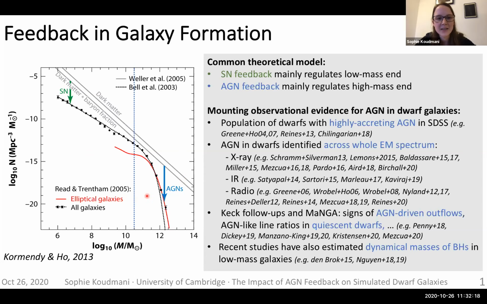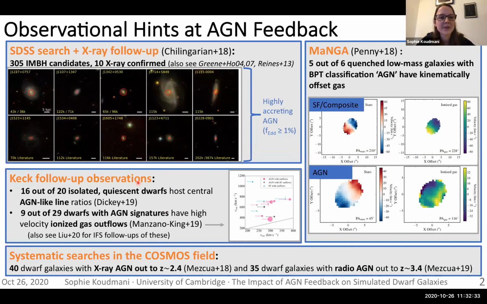However, this common theoretical model has been called into question by mounting observational evidence for AGN in dwarf galaxies across the whole stellar mass range. I'm going to highlight a few particular examples here. Especially in the beginning, most of these AGN in dwarfs were identified via systematic searches of SDSS in combination with X-ray follow-ups.